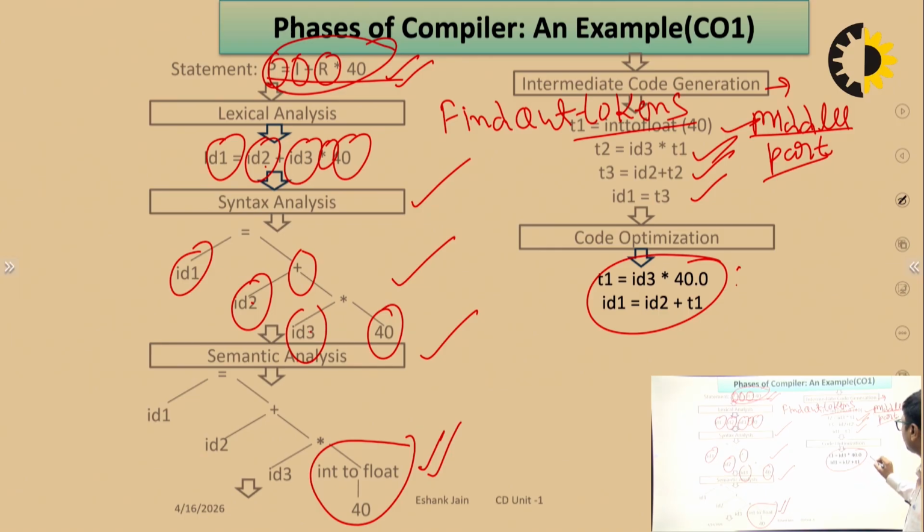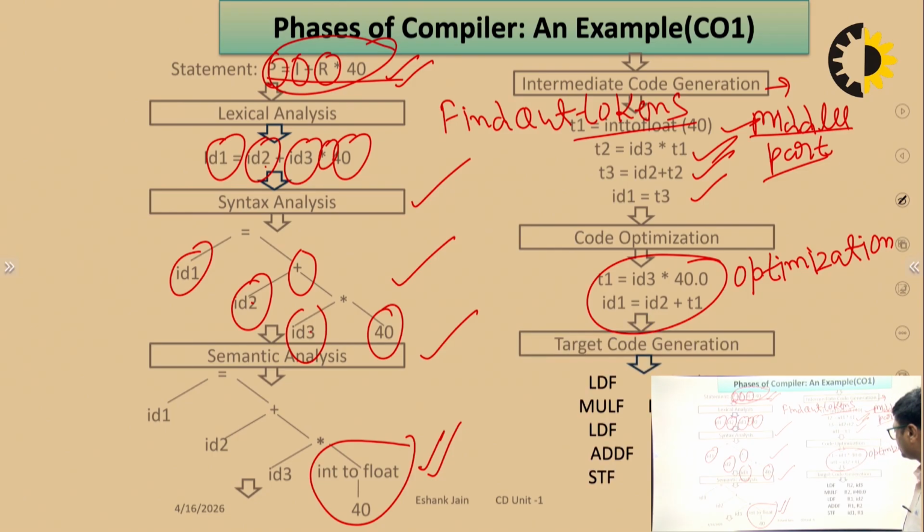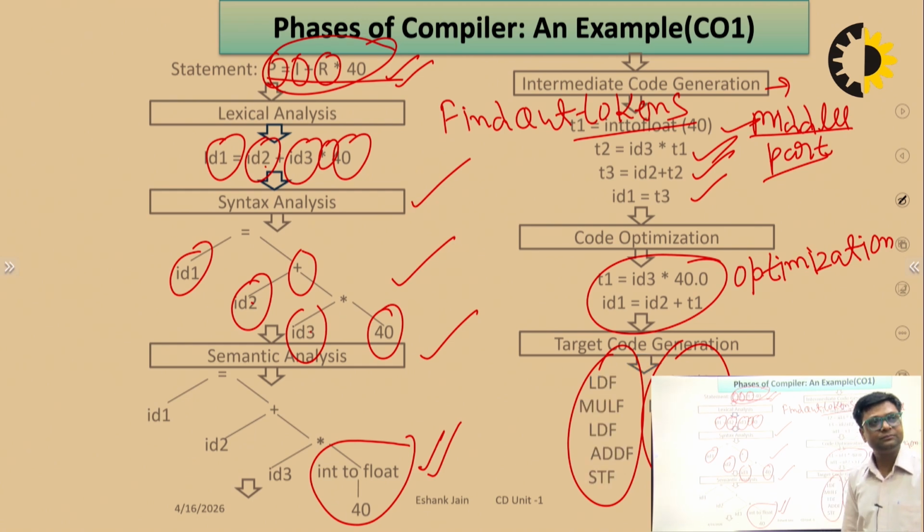This is called optimization. Last one is target code. This is known as the final code of the entire program, in which we use mnemonics and registers to generate the target program.